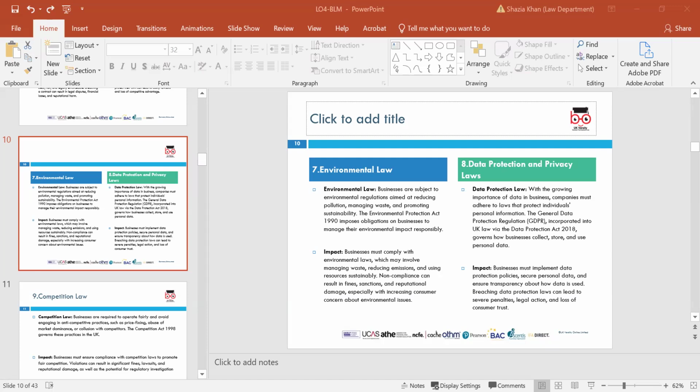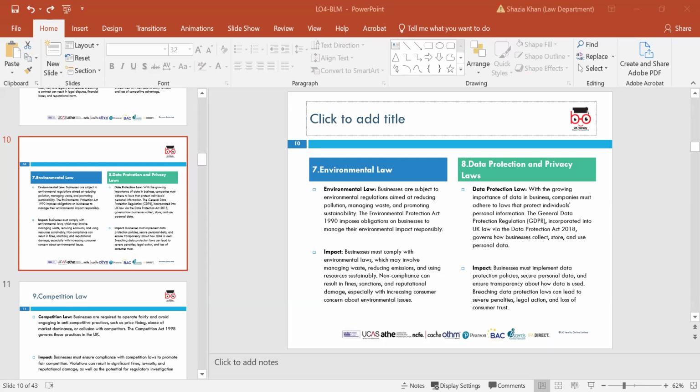So compliance with environmental laws covering things like waste management, emissions, and resource usage is not only a legal obligation, but can also enhance your brand's reputation. So businesses must comply with environmental laws, and non-compliance can result in sanctions, damages, and as I mentioned, brand reputation.